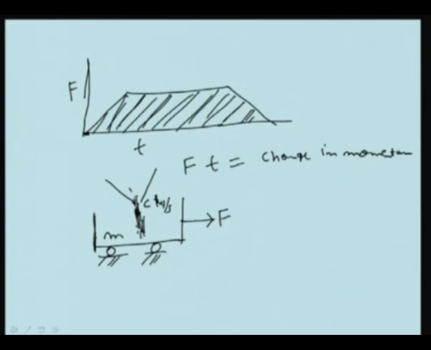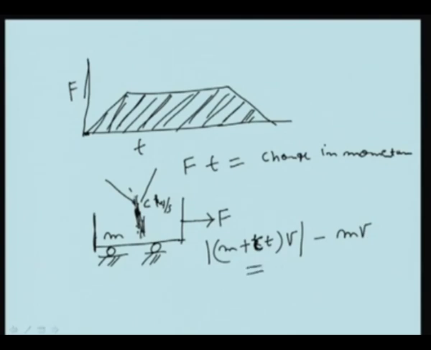Neglect the friction. In this case, at a certain time t, the change in momentum is equal to (m plus ct) times v, because the mass after time t is m plus ct, where c is in kg per second, minus mv, that is in the beginning when nothing was there.